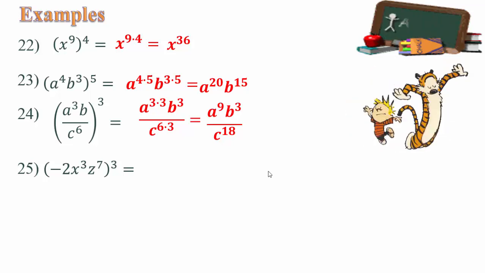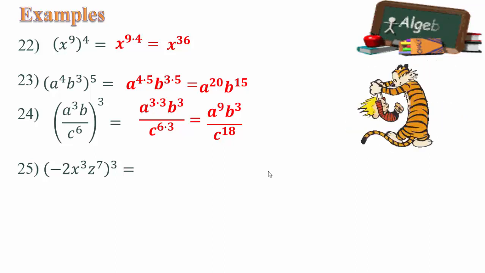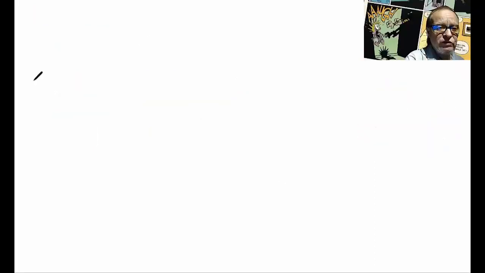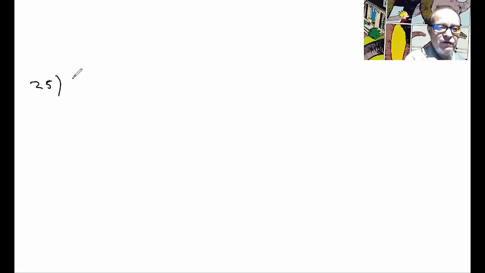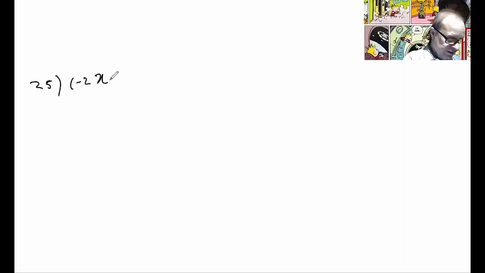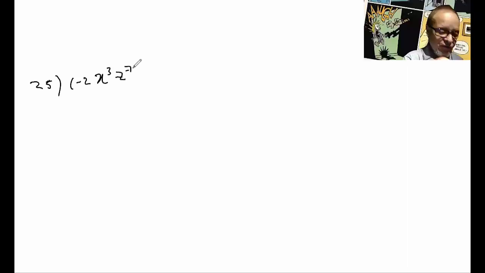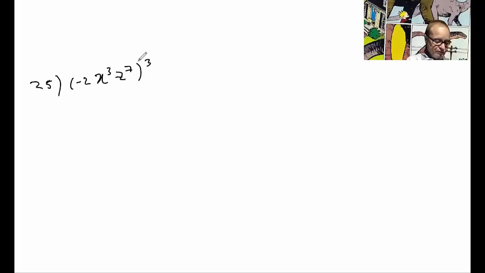So let's go to the whiteboard and see how I would work this particular example out. In number 25, we have negative 2, x to the third, z to the 7th, and cubed.